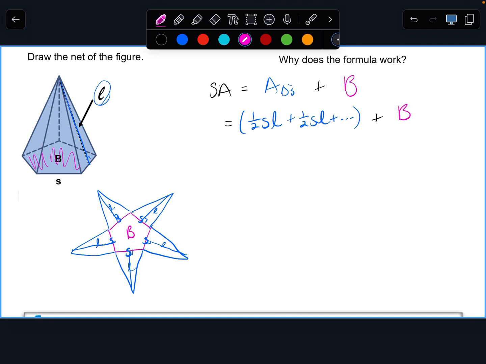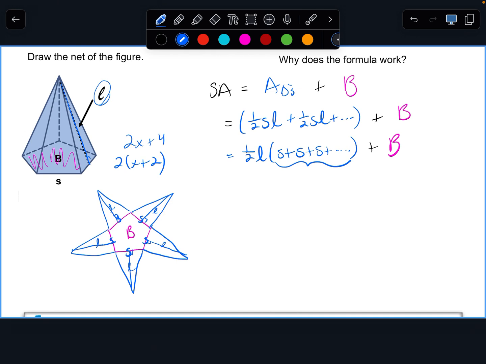Now, say you did a GCF, so you know how you can factor out a 2, GCF style. If you factored out a 1/2 L, you'd be left with a bunch of S's. What I'm trying to get at is, all these S's added together is what?